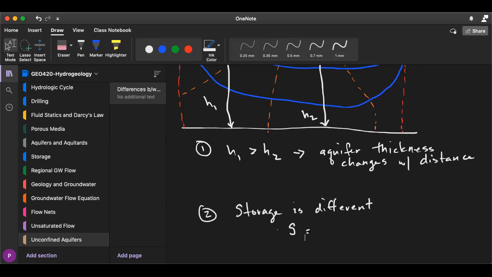Right. So it's the compaction of the sediments and the expansion of the water. That's the form of storage in the confined aquifer. The only place we're really releasing water from storage is by compacting sediments and expanding the water. So that was this Ss.